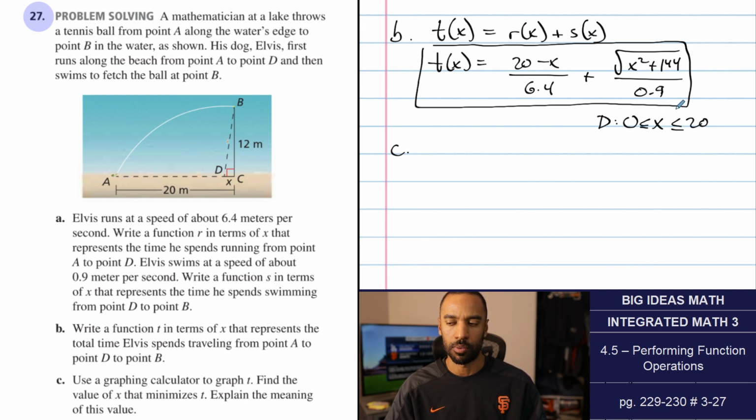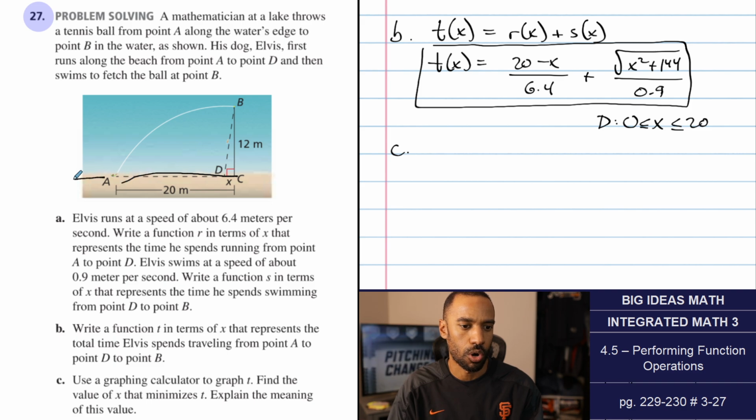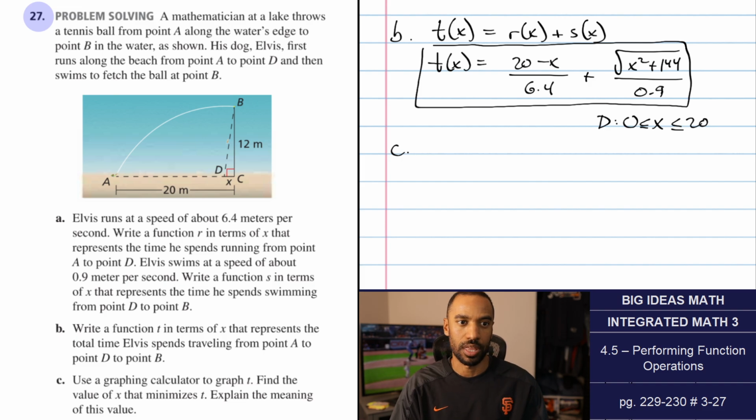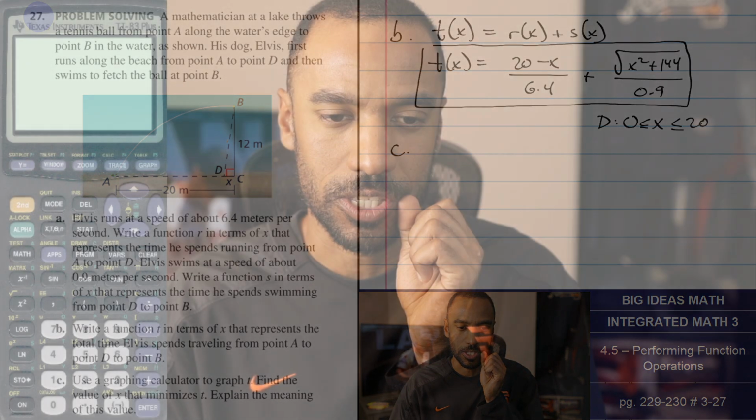If x is negative, then we're going out that way. I guess that's not impossible, but the dog wouldn't actually run farther and then go that way. And same thing here. The dog wouldn't run backwards to go swim out farther like that either. So with that domain, I'll make sure that's my window range of my graph, in case the graph does other things where it lowers.